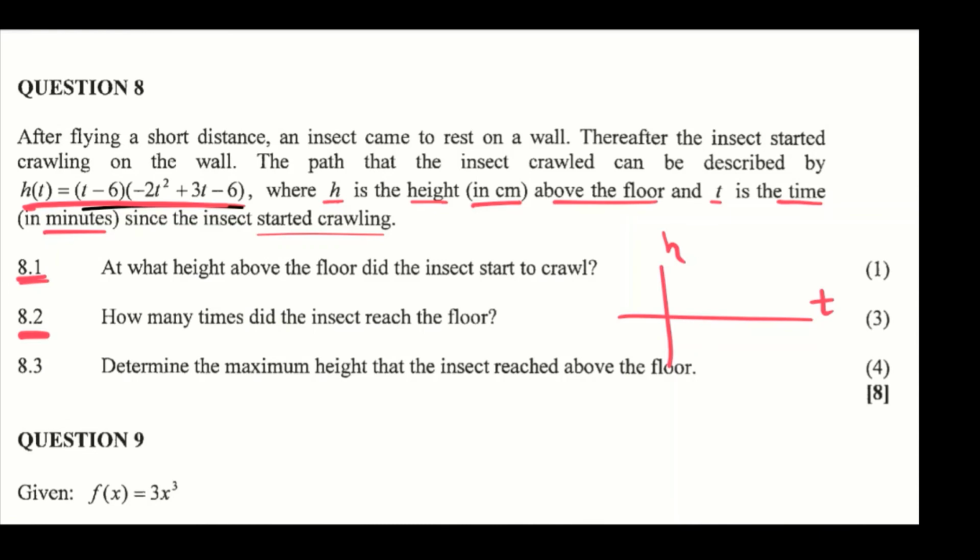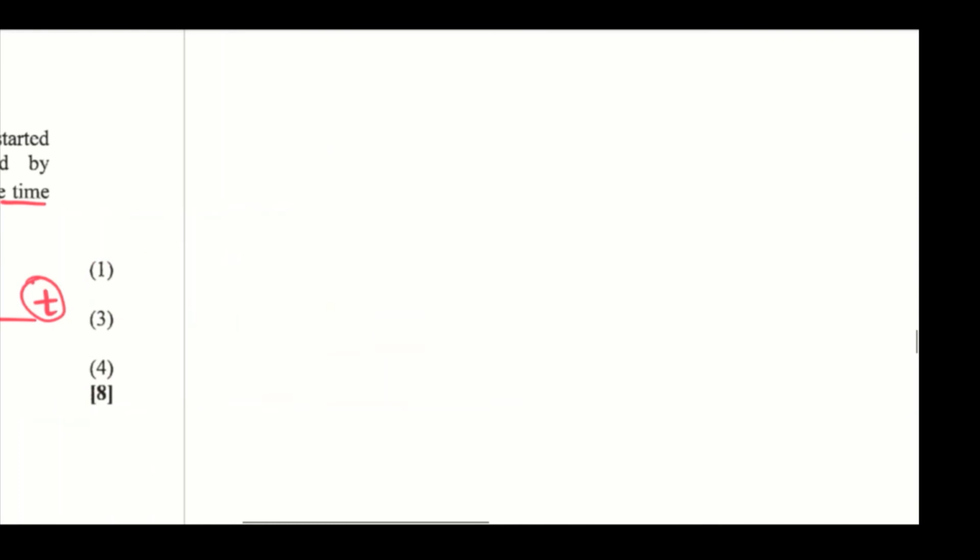So we want to identify how many x intercepts, which in this case are your times t, right? So please note that. We just want to know how many times it touched the floor. So we're going to use our equation h of t equals (t minus 6)(minus 2t squared plus 3t minus 6). Actually, let me write it on another page so that you can see clearly.